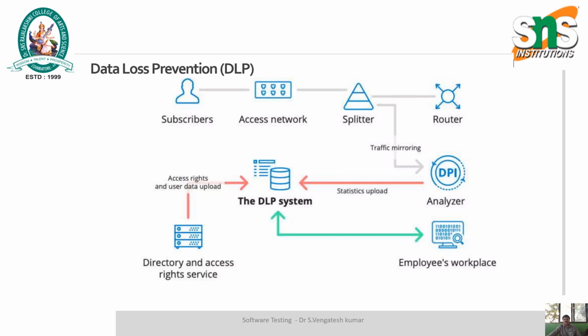In this case, we have to look after the employee workshops. We have to conduct a lot of workshops for the employees to tell them about the importance of data loss and the importance of the cybersecurity threats which happen in the industry nowadays.